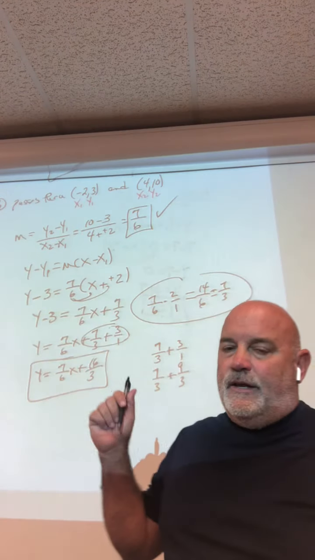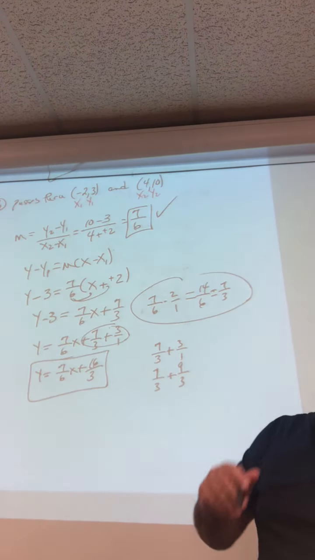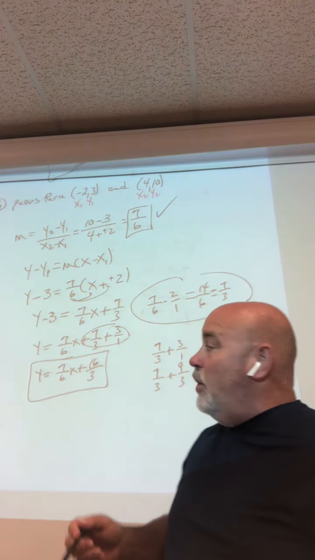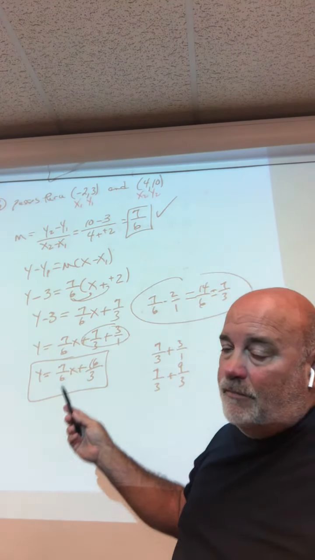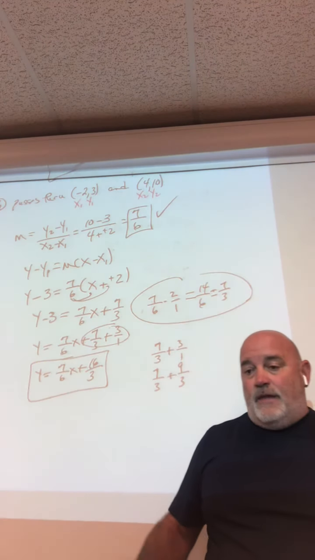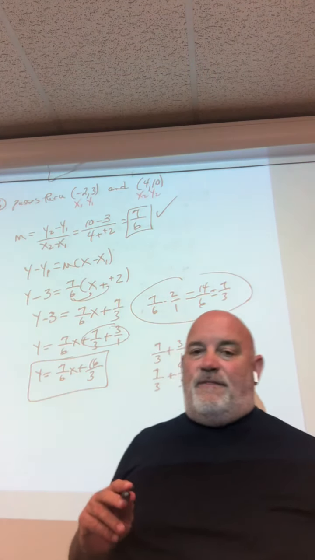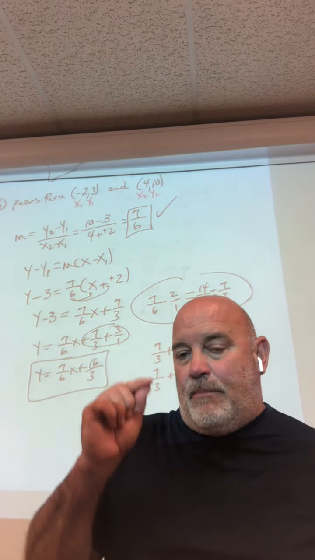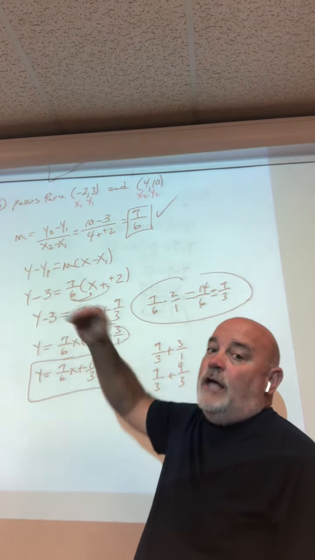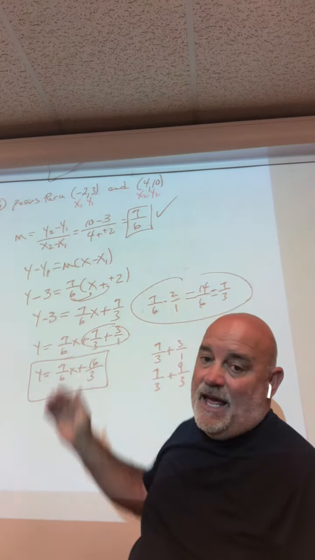So the only difference in this one and the others we did is you had to find the slope first. Then once you find the slope, you still use the point slope formula. Okay, this concludes section 3.5. Now remember, your midterm exam stops right here. Chapter 5 is next.